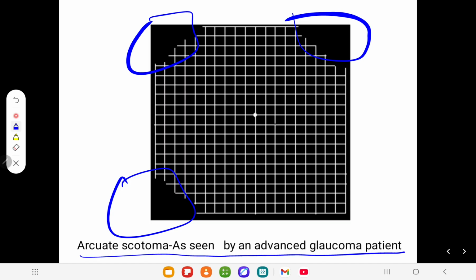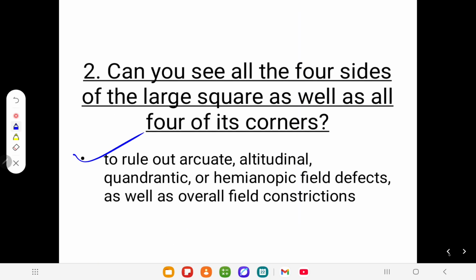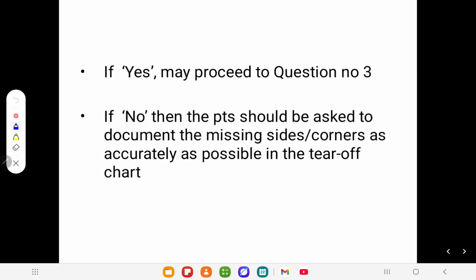So if they can see the four corners of the whole chart, of the Amsler grid, it's very important. If yes, then we will proceed to the third question. If no, then the patient should be asked to document the missing side or corner as accurately as possible, which again helps us build up where the problem is. So this is a very useful question.